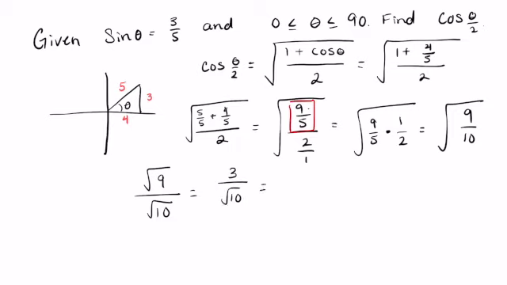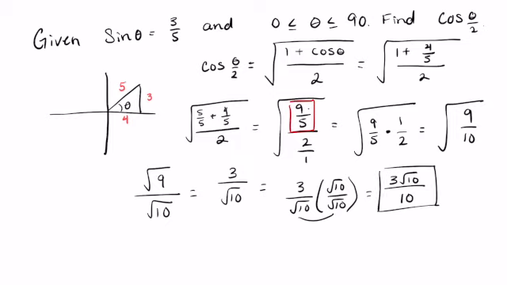I can't have a radical in my denominator, so we're going to rationalize here by multiplying the top and bottom by the square root of 10. That gives me 3 square root of 10 over square root 10 times square root 10 gives me square root of 100, which simplifies to give me 10. And that is our answer.